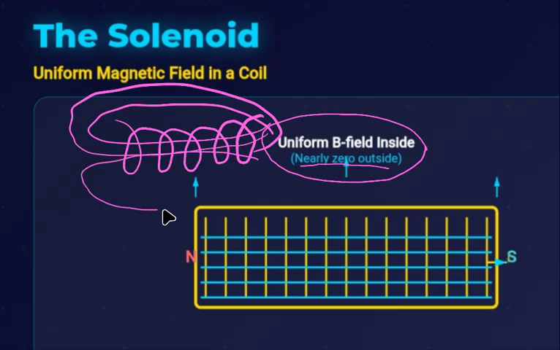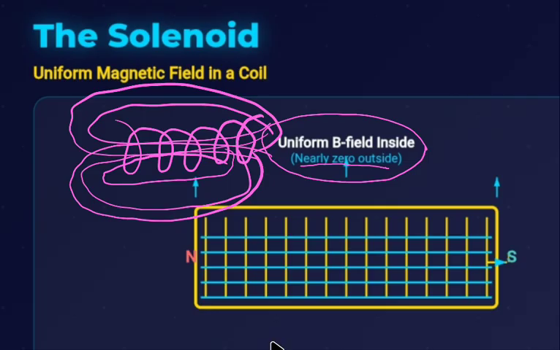Bar magnet field only will be there. Inside it will be south to north. Outside it will move from north to south.